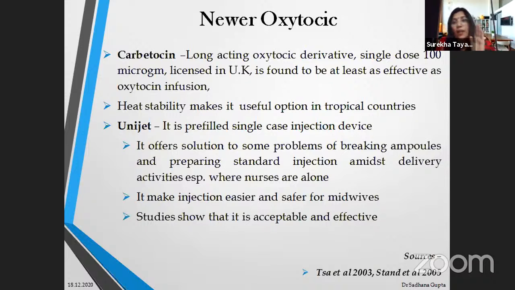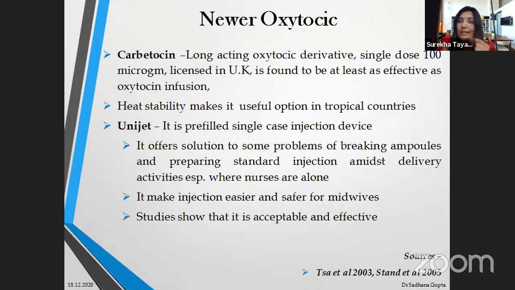In Maharashtra, what has happened because of the Prevention of Prenatal Testing Act, the PCPNDT Act, is that misoprostol has come under supervision, and every single tablet of misoprostol has to be accounted for.